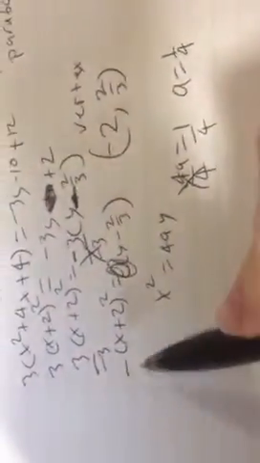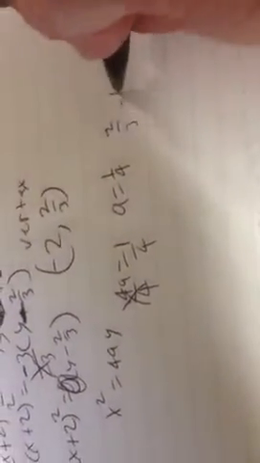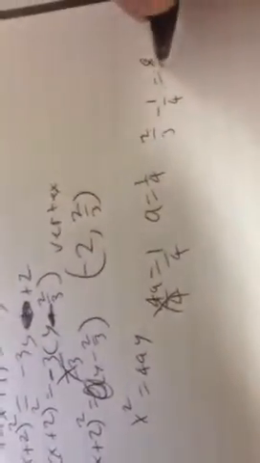To find the focus, since this parabola opens down because of the negative sign, you subtract it from the y. So that's 2/3 minus 1/4, which is 8 over 12 minus 3 over 12, and that gives you 5 over 12. So your focus is going to be negative 2, 5 over 12.